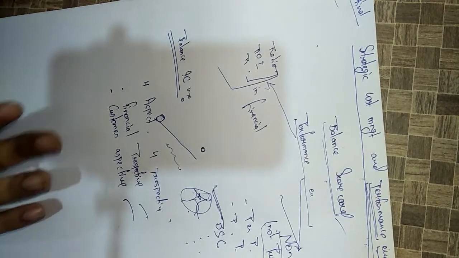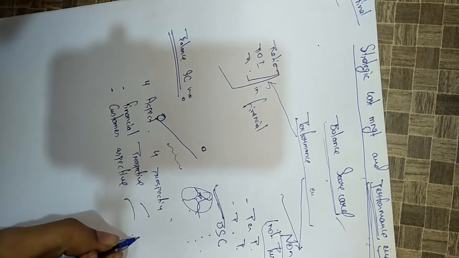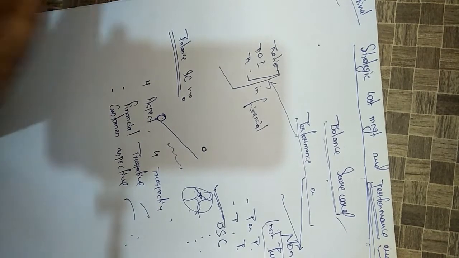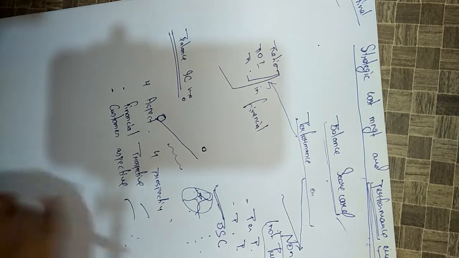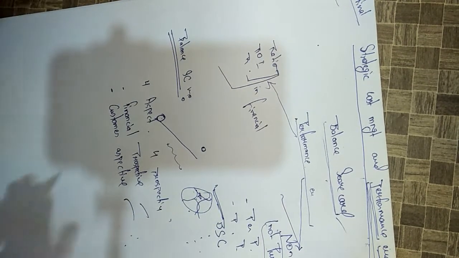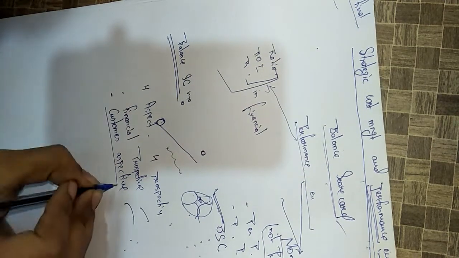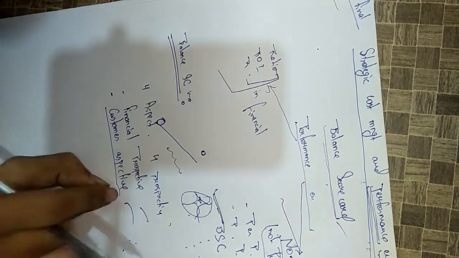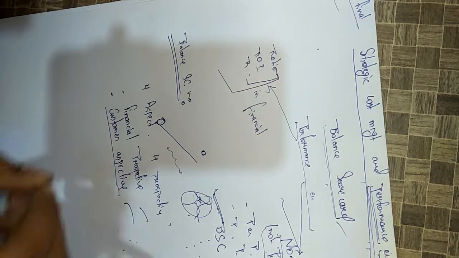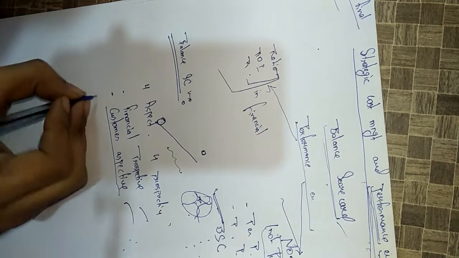We cannot simply say we sell the product to a customer only once and do not want that customer back. We want to retain that customer, and to retain the customer we have to satisfy the customer. So balanced scorecard says you have to see your business from the customer perspective, whether you are able to meet the demand of the customer or not.